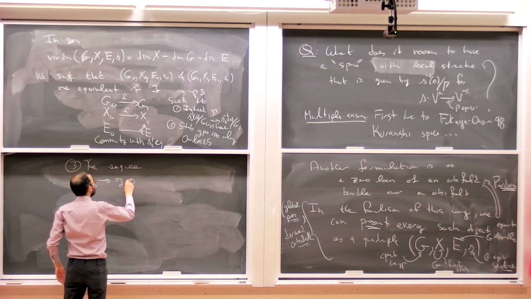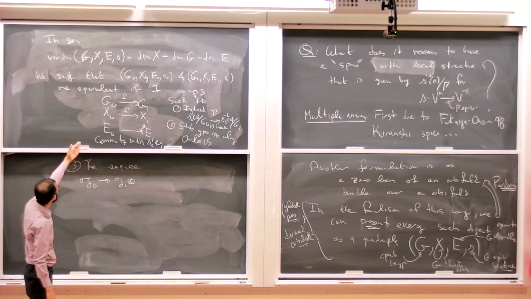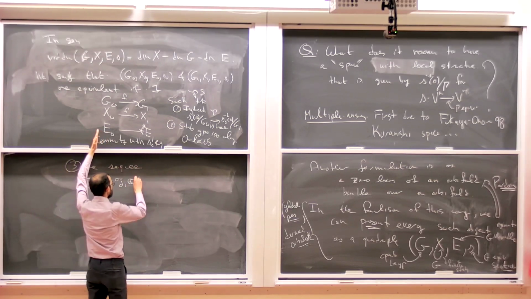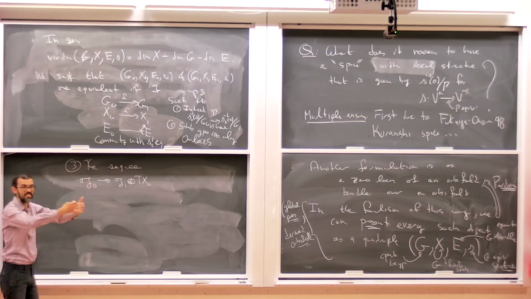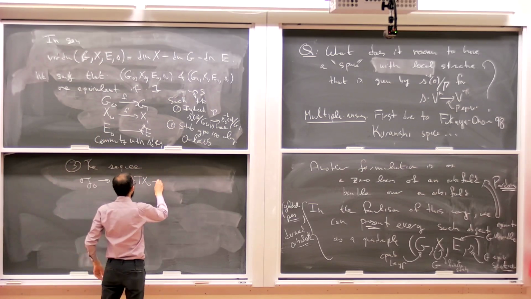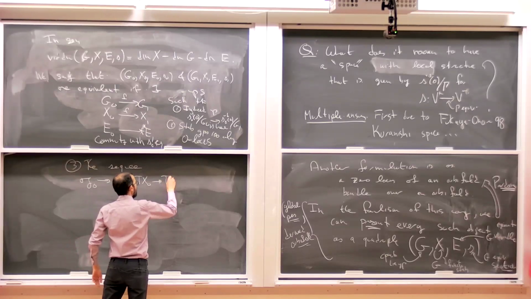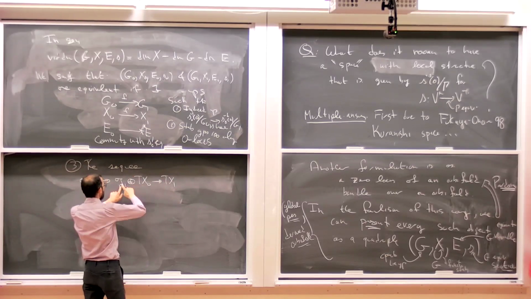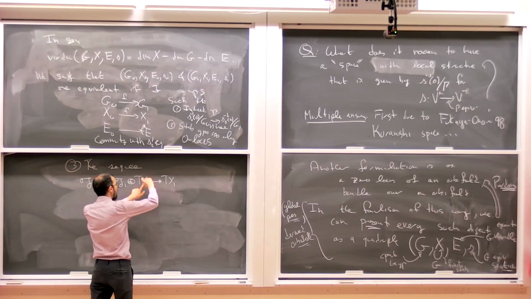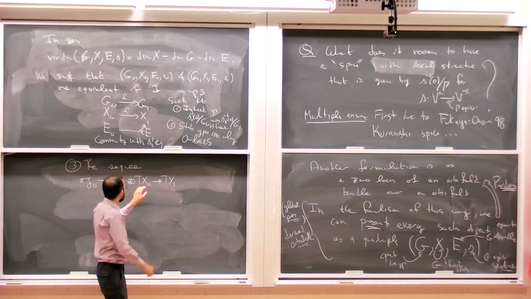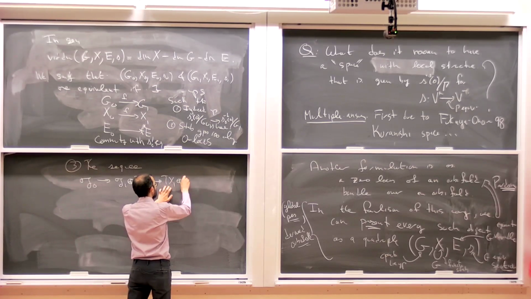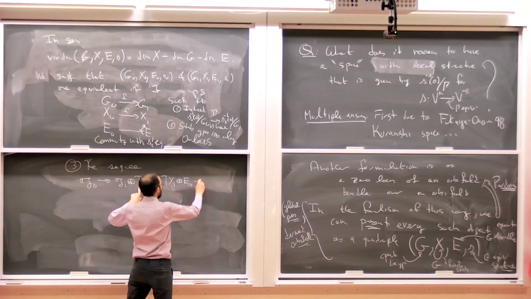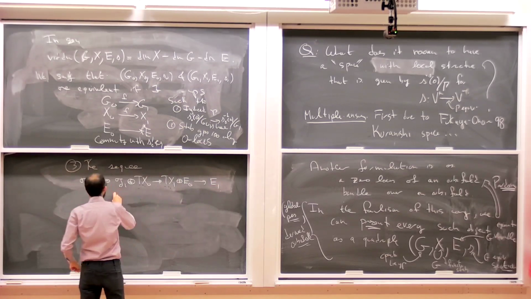Now, the Lie algebra of G0 maps to the tangent space of X0 because it acts on it. It gives you vector fields. Now, the same thing for TX1. So this map here is both that G1 acts on X1 and X0 maps to X1. Then X0 maps to X1, but then it also maps to E0 by this section. And finally, this maps to E1. This sequence is exact.